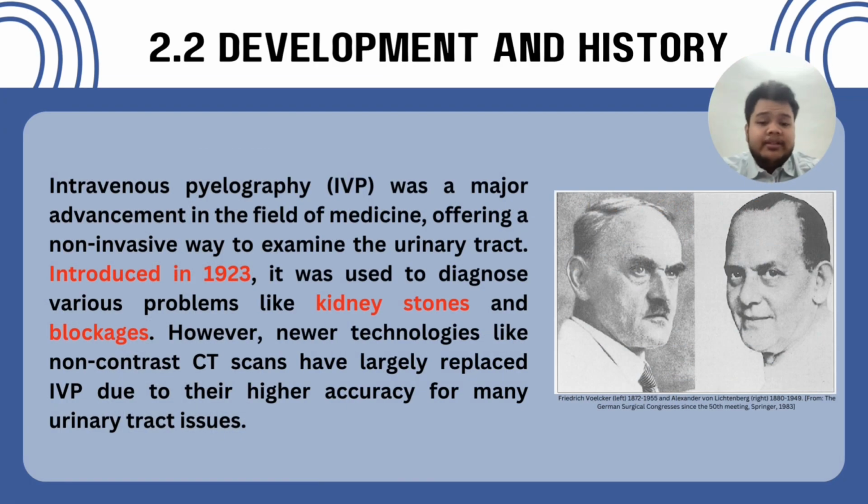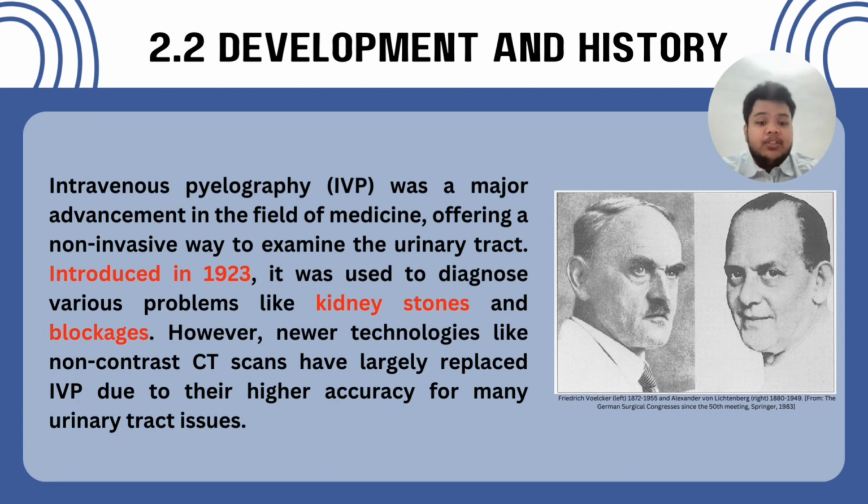And now we'll explain about the development and history of IVP. Intravenous pyelography, or IVP, emerged as a significant diagnostic tool in the early 20th century. Prior to IVP, retrograde ureteral catheterization was attempted but yielded inconsistent results. In 1923, Osborne and colleagues introduced IVP, which involved injecting iodide contrast material intravenously and then capturing X-ray images to visualize the urinary system.